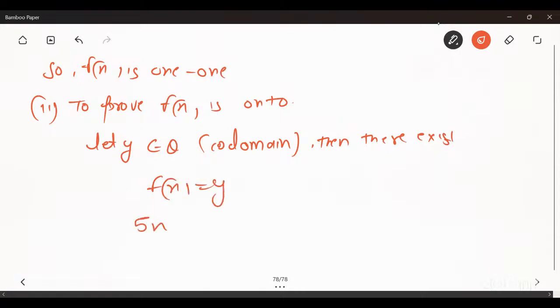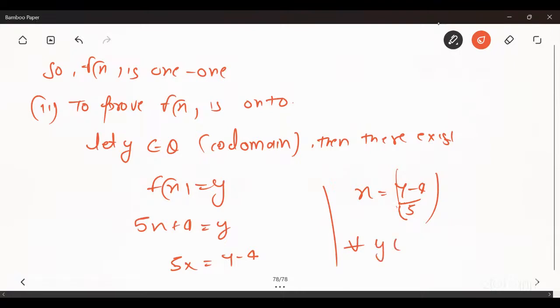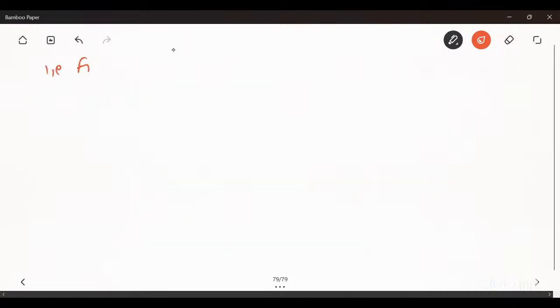So the value of f(x) is 5x plus 4 equal to y. So you will get 5x is equal to y minus 4. So the value of x is (y minus 4) by 5. So you can take any rational number value of y, and you will get x in Q. So for all y belongs to Q, there exists x belongs to Q, which means the function is onto. That means f(x) is onto.